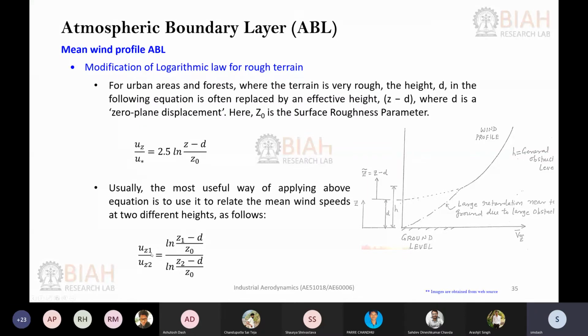For example, if z1 is one height and z2 is another height, just simplify this equation. So this will be your relation between the velocity values at two different heights. Another thing is you can estimate the velocity values using the velocity information at one particular terrain and use the same information in another terrain.